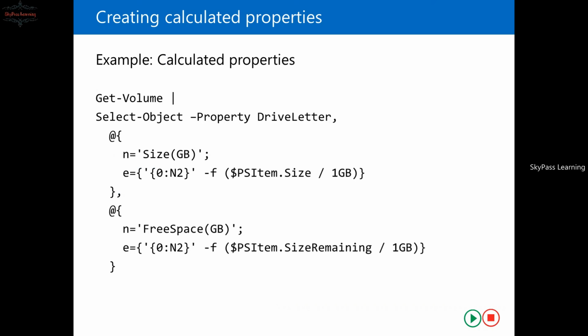Okay, you can see it here. They have mentioned a calculation example where it's taken drive letters. Select the object property drive letters, and according to the size they have calculated it. It's also a structure, the same one they followed here.